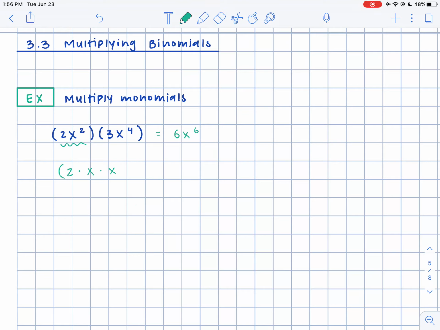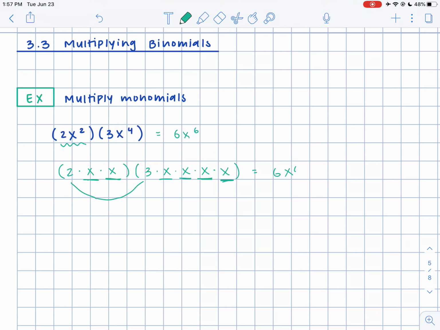So we have 2 times x, and we also have 3 times x times x times x times x, because we have x to the power of 4, so we're multiplying x by itself 4 times. 2, 3, 4. Okay? So now, what is 2 times 3? We know that's 6. And now we have x times x times x times x times x times x.